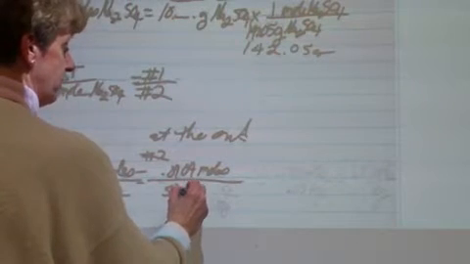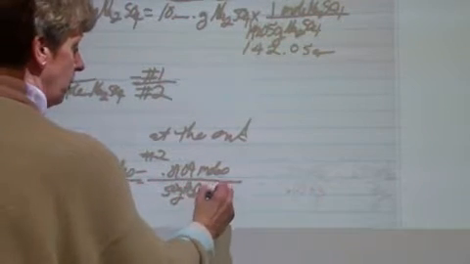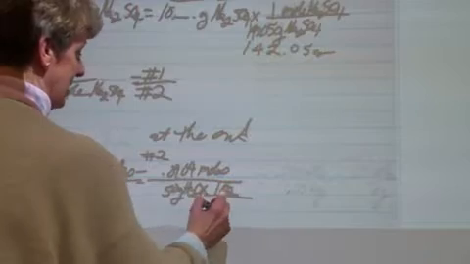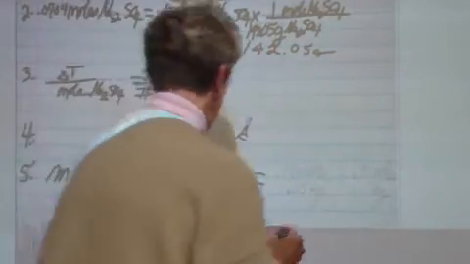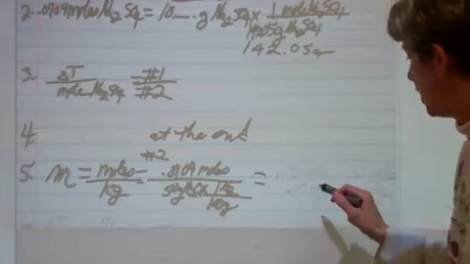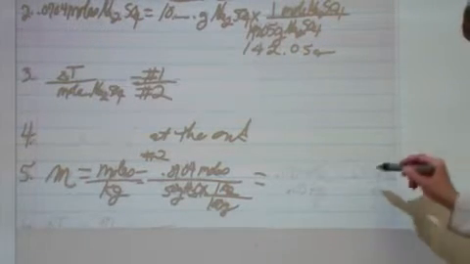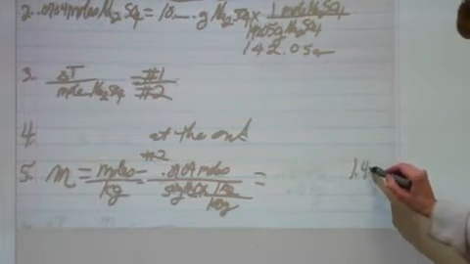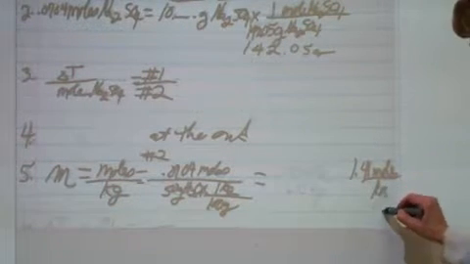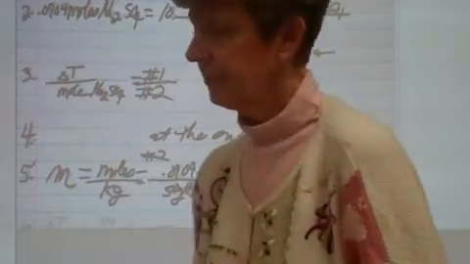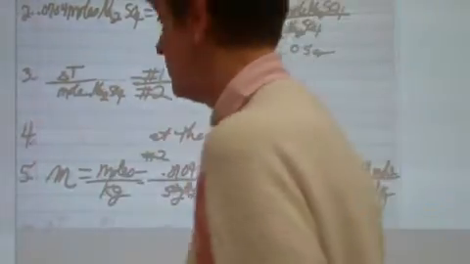Was it 50? Was it 48? Only you know. This is not good data, what I have right here. And so again, if I had 50 grams, change those to kilograms. Mine came out somewhere in the neighborhood of 1.41 moles per kilogram. Questions?